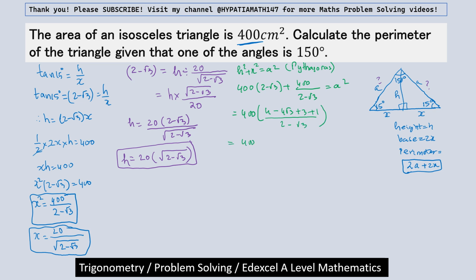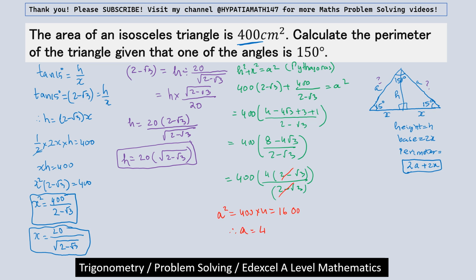So that equals 400 times 4 plus 1 is 5, plus 3, 8 minus 4 root 3, divided by 2 minus root 3, and that is 400 times, you see you can do 4 outside, and that would be 2 minus root 3 divided by 2 minus root 3, and you see that these would cancel out, and you are left with 400 times 4, that is 1600, and that is a squared. Therefore a is 20 times 2, that is 40. So a equals 40.